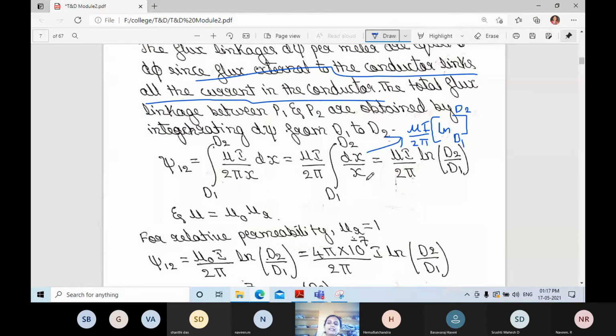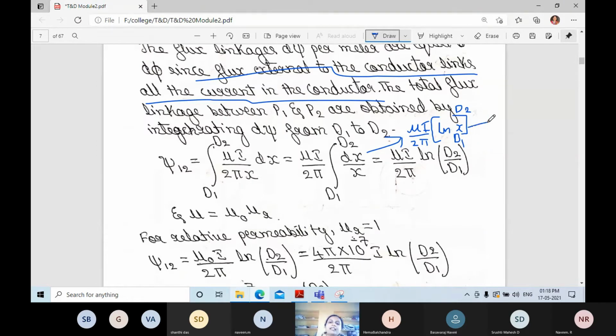When you integrate 1 by x dx, you will get ln x. So they have written mu I divided by 2 pi ln d2 divided by d1.